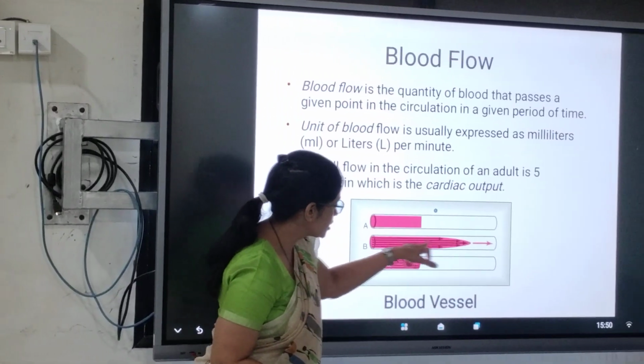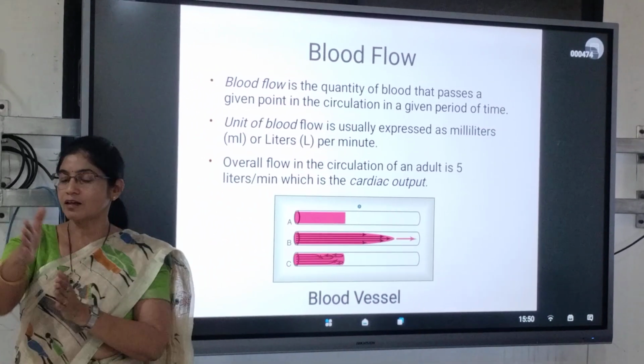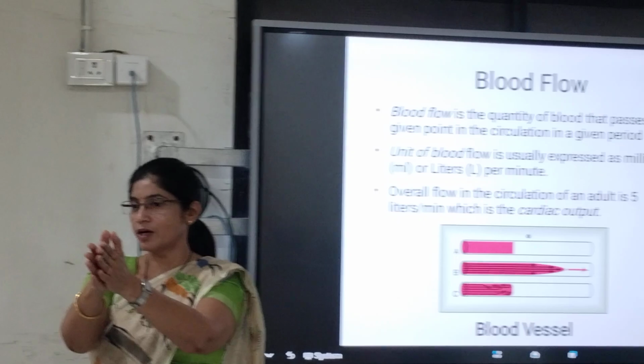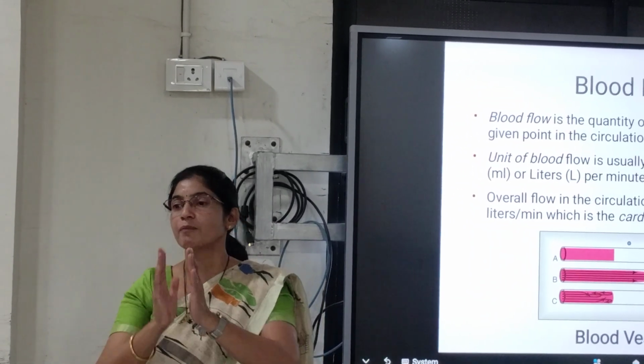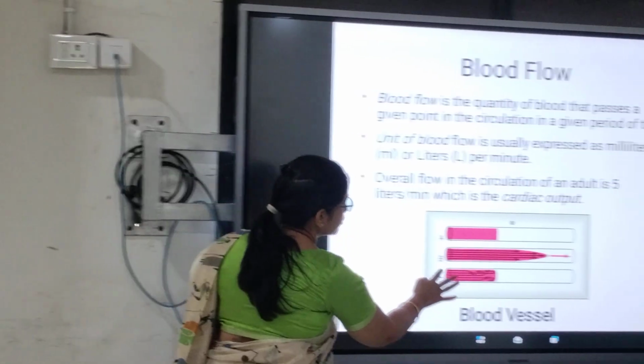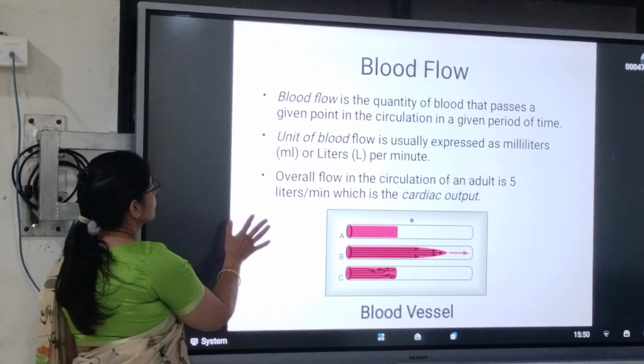So this is the laminar blood flow, with the central flow moving forward and the other layers following. And this is the turbulent flow.